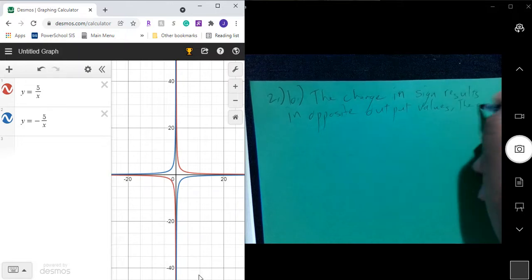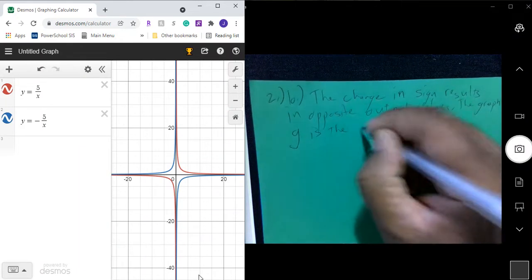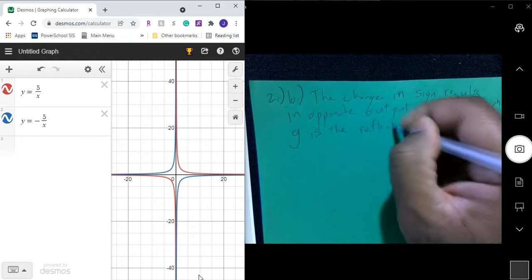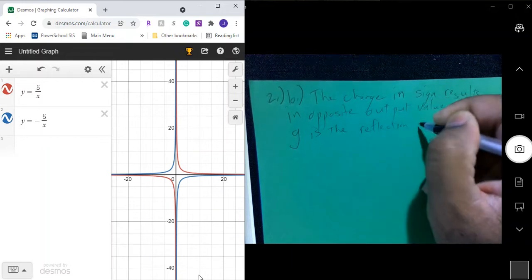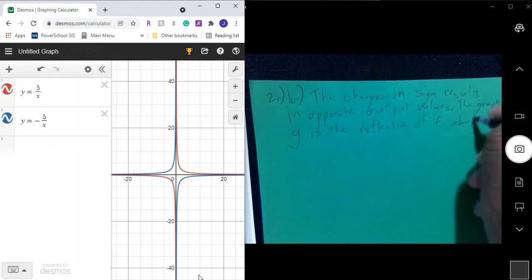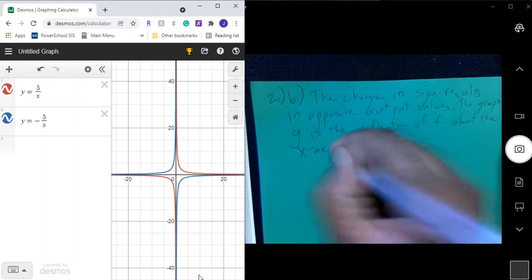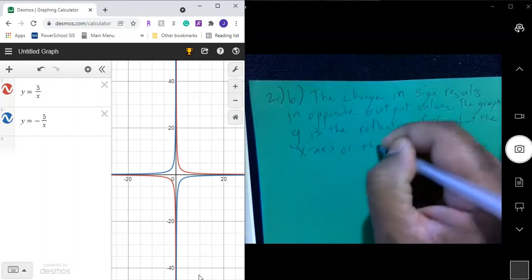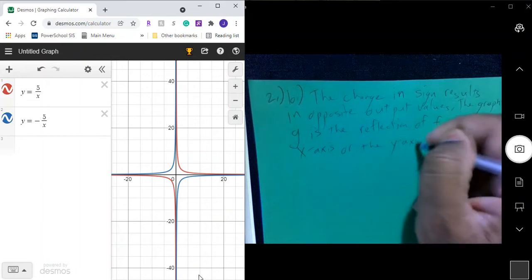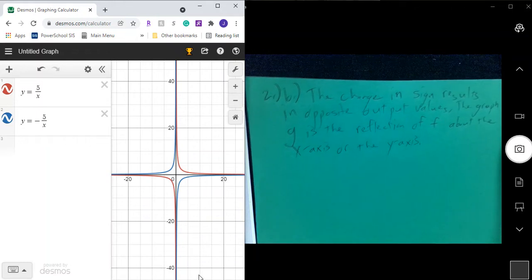The graph G is the reflection of f about the x-axis or the y-axis. And that is basically it for problem number 2.